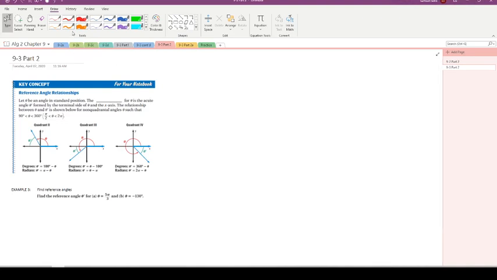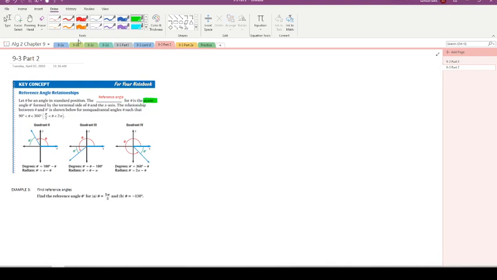The reference angle, which I'm going to write over here, reference angle, okay? And we're going to try to make this so you can read it. The reference angle for theta is the acute, and let's highlight that because that's important.